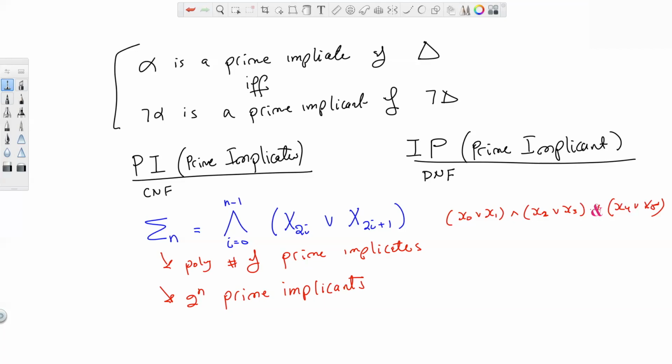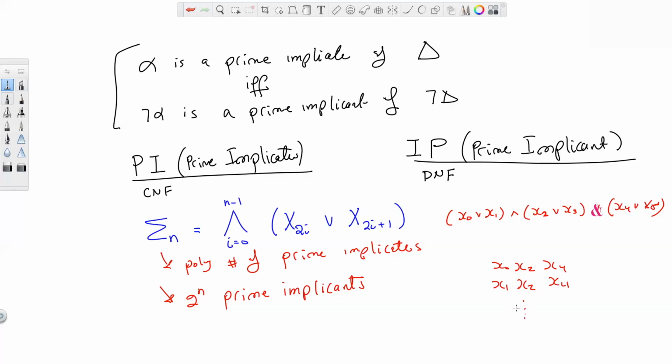What do you need to do to satisfy this formula? You need to satisfy one of these and one of these and one of these. So your prime implicants end up being something like x0, x2, x4, but then I can do x1, x2, x4, and all of the other combinations.